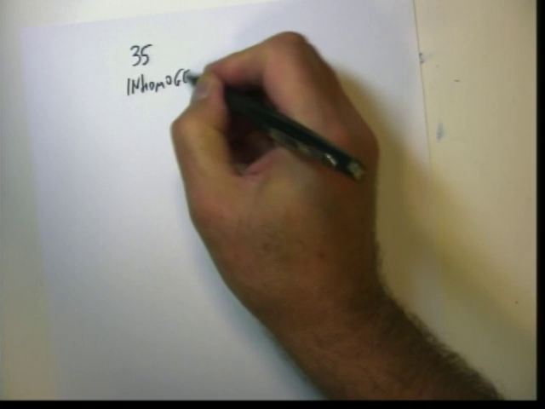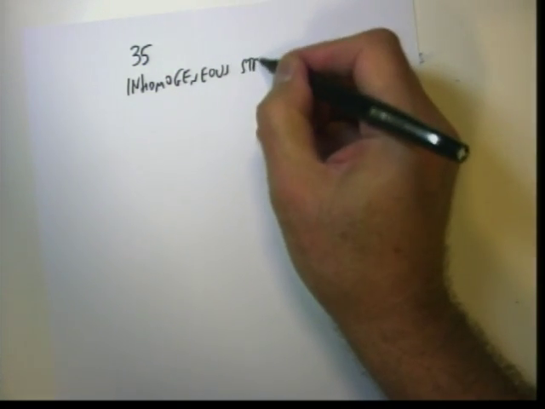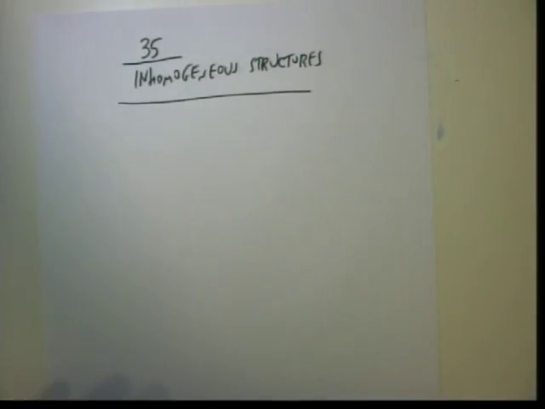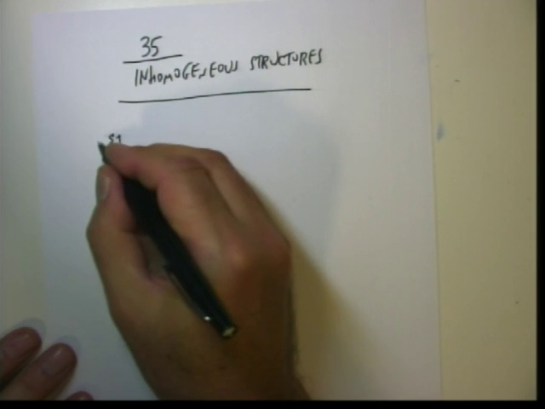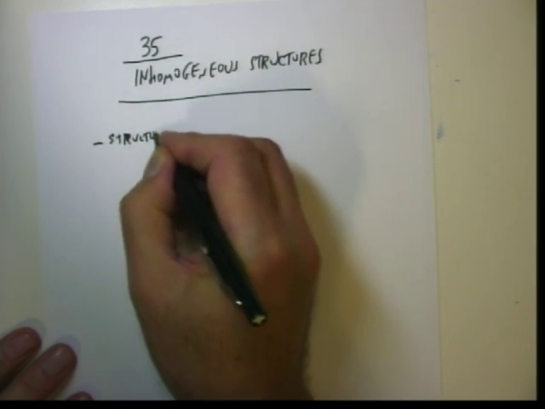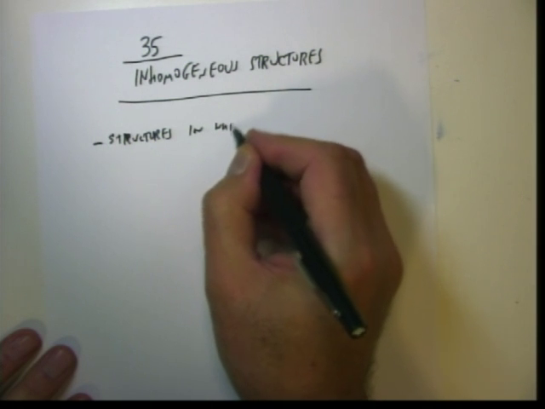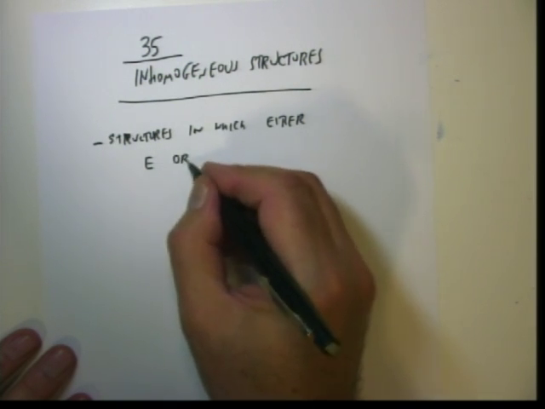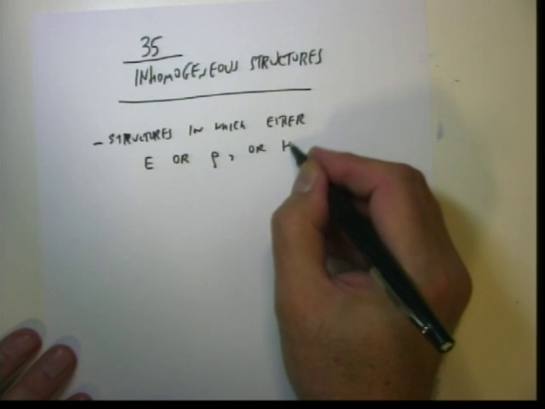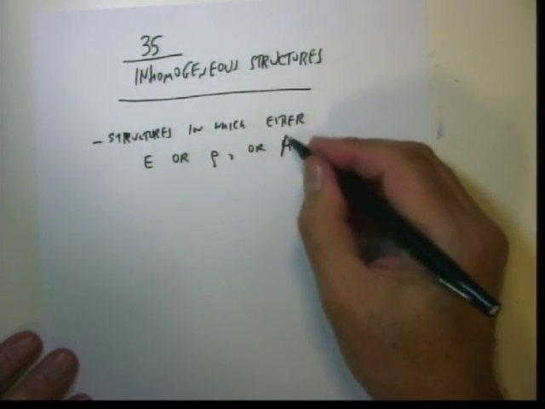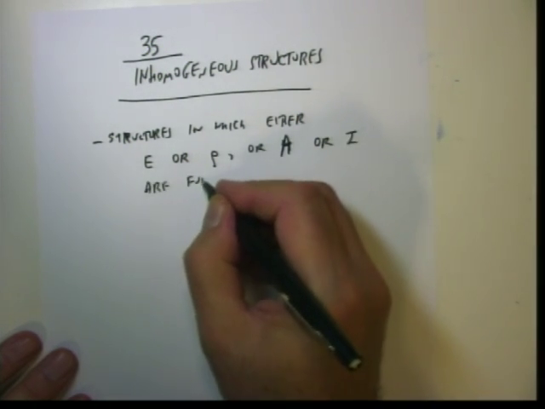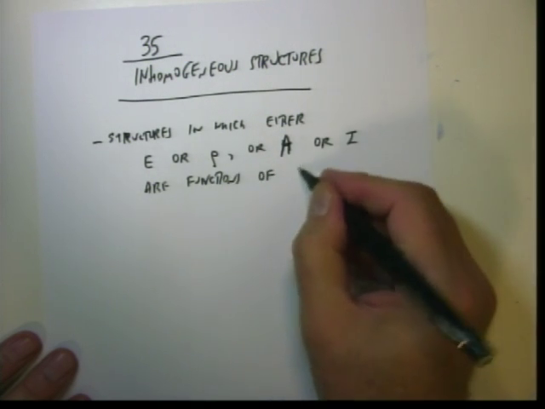Inhomogeneous structures. These are structures in which either E or ρ or H are functions of space.